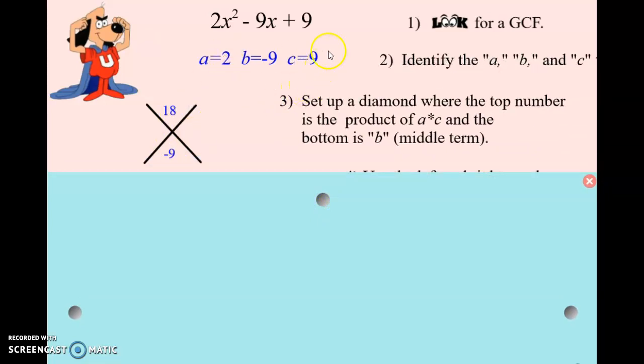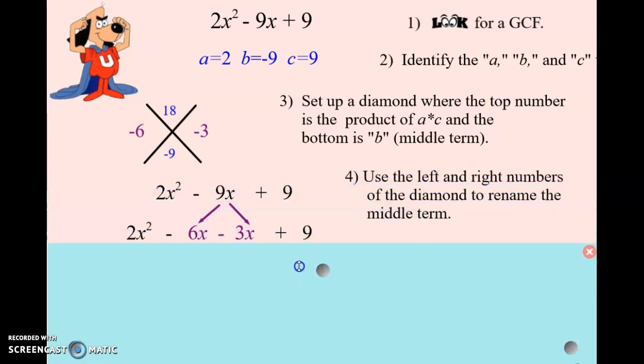Top number is 2 times 9 is 18. The middle term is negative 9. What two numbers multiply together to get 18 that when added together get a negative 9? A negative 6 times a negative 3 is a positive 18, but a negative 6 plus a negative 3 is equal to a negative 9.